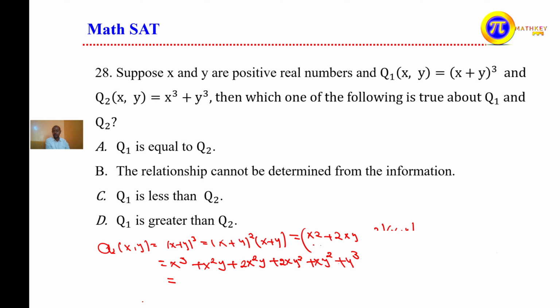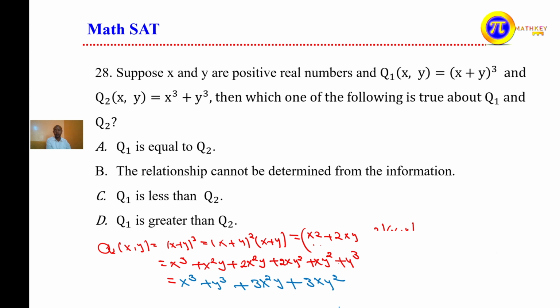This implies that this is x cubed plus y cubed plus x squared times y plus 2x squared times y, this is 3x squared times y, plus 2xy squared plus xy squared, this is 3xy squared.